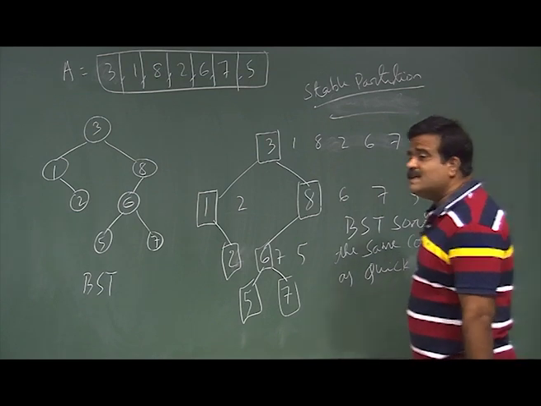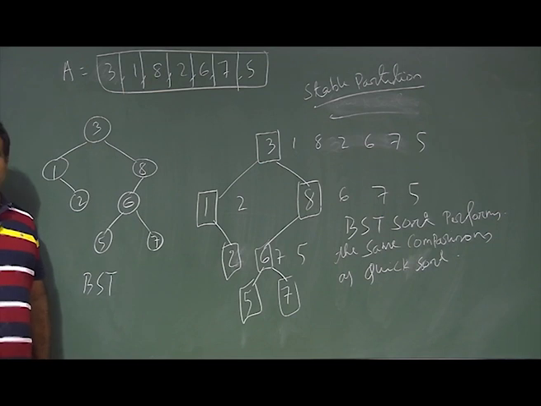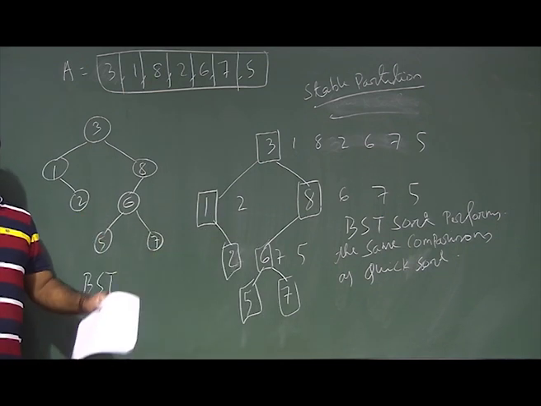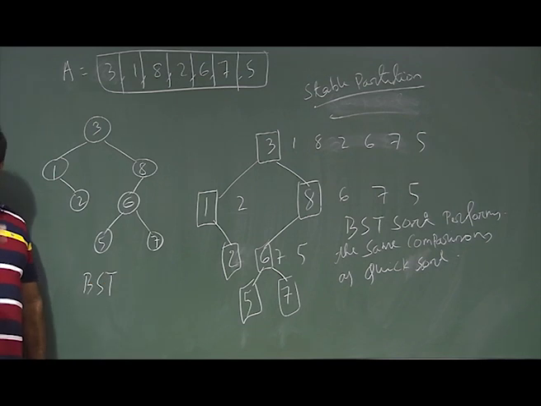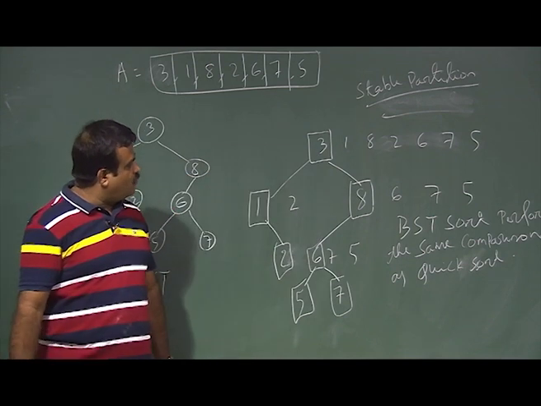Okay. So, that is the reason they give the same time complexity. Their time complexity comes out to be the same because of this fact that we are basically doing the same number of comparisons in both the cases, to form the BST and for quick sort.